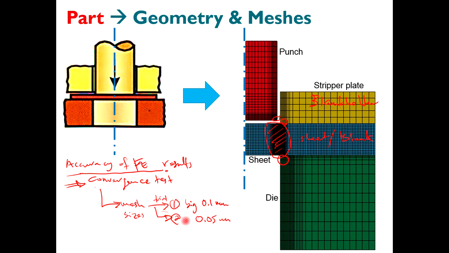Okay, around here, and then they reduce a little bit more, maybe 0.005 mm, and then they reduce even further, 0.01 mm, and then they plot the results. So let's say they perform the test, so they look into the force as a function of displacement, for example, or maybe time.